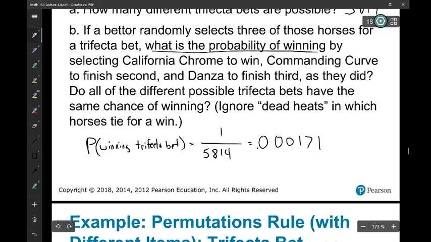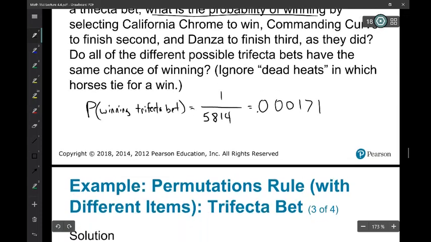So we would move it 1, 2, 3, 4. Okay, very unlikely.